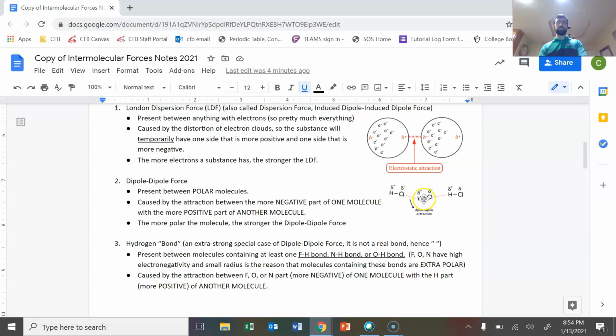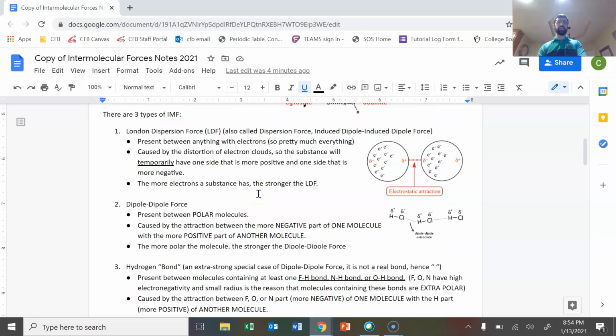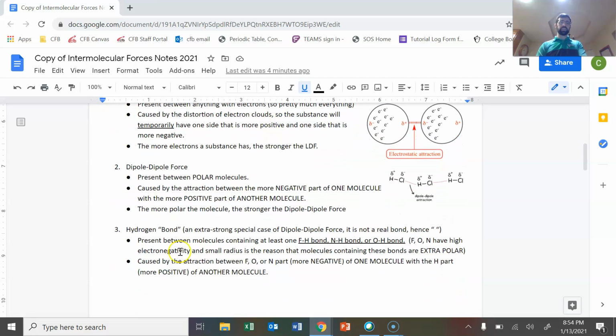So there's a fairly strong attraction between them because there's a dipole and opposites attract. The more polar the molecule, the stronger the dipole-dipole force. So this one is present only in polar molecules. This one's present in everything, including nonpolar molecules.